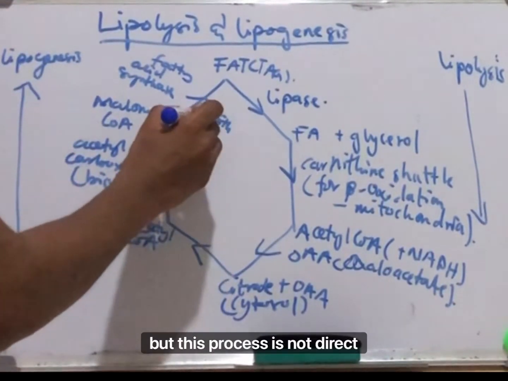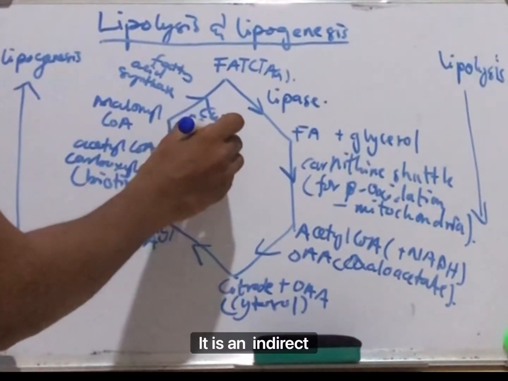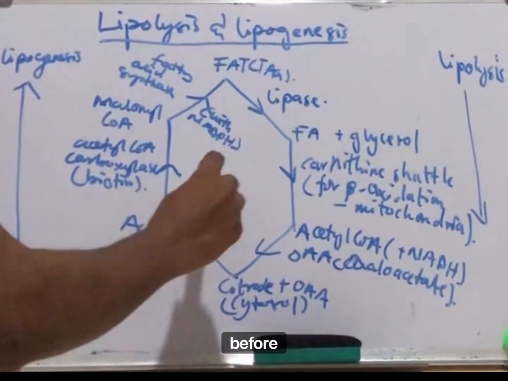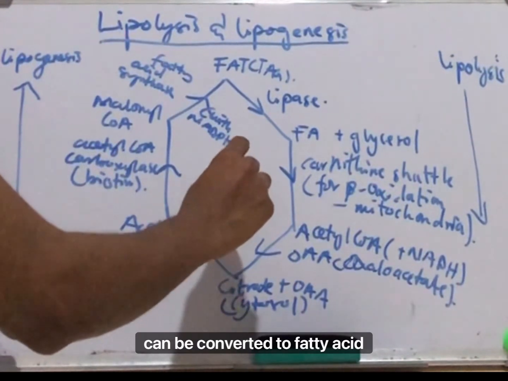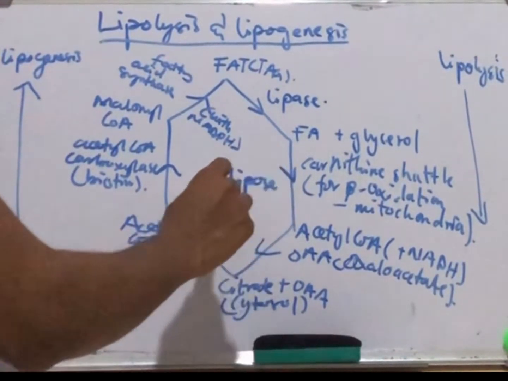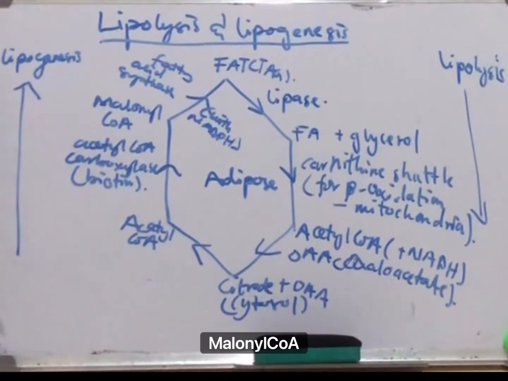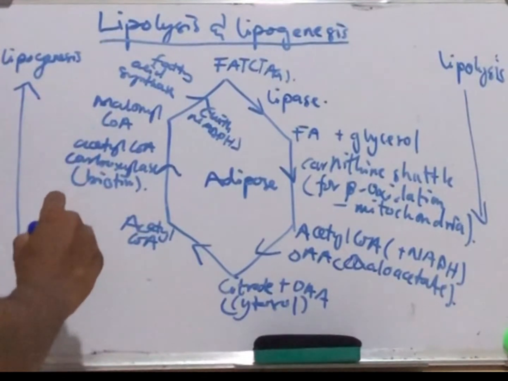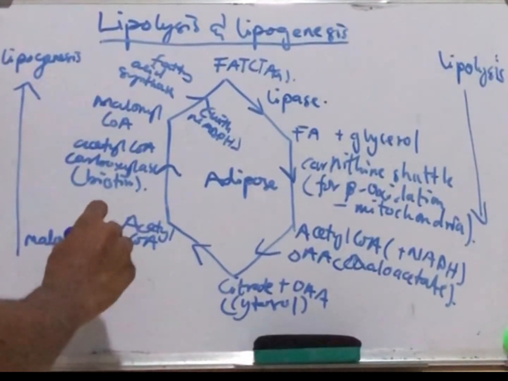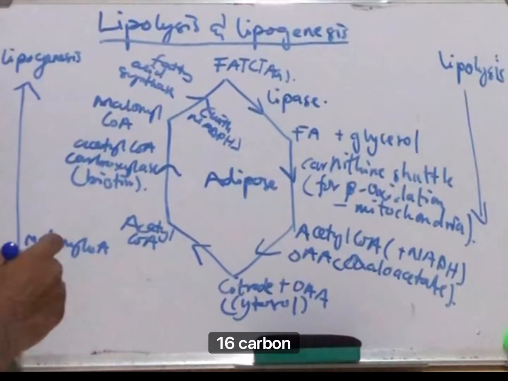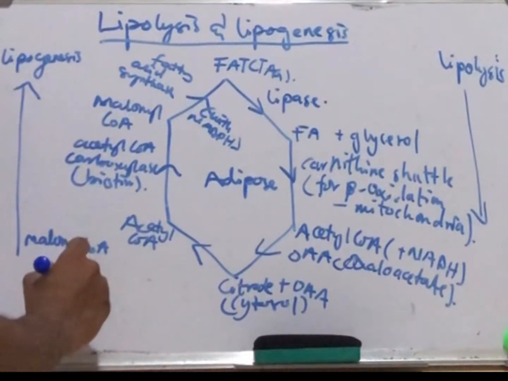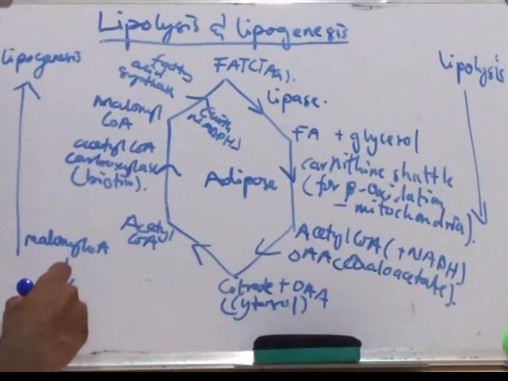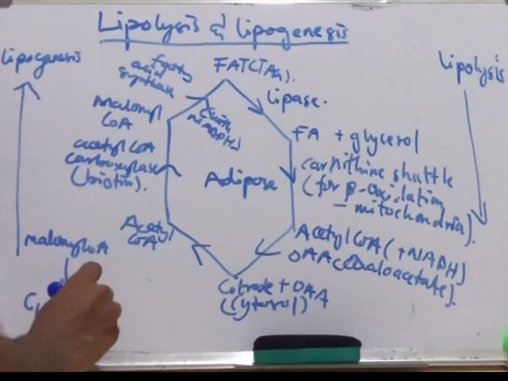But this process is not direct, it's an indirect process. So first of all, before malonyl-CoA can be converted to fatty acid, there is an intermediate step. Malonyl-CoA will be converted to a sixteen-carbon compound, C16 acyl CoA.